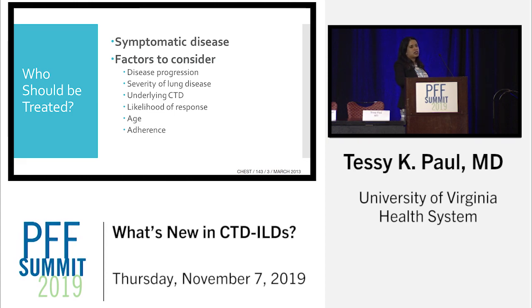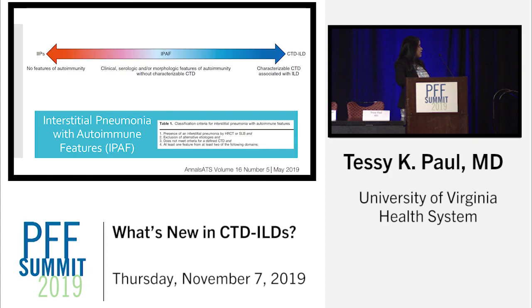Also think about age. Are these therapies you want to start in patients who are 80? As well as adherence. I have many patients who start therapies and never come back or don't take their labs or prophylaxis, so these are all things you should consider before starting therapy.